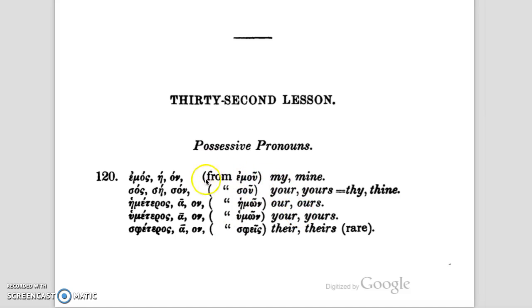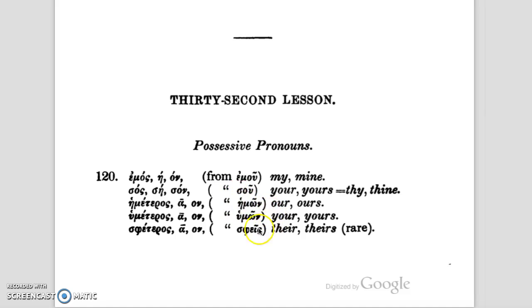Okay, now do you see this little section right here? That is causing us to remember that we've already seen some possessive pronouns. We've learned how to say the ball of me, e sfera mu. Your ball, e sfera su.